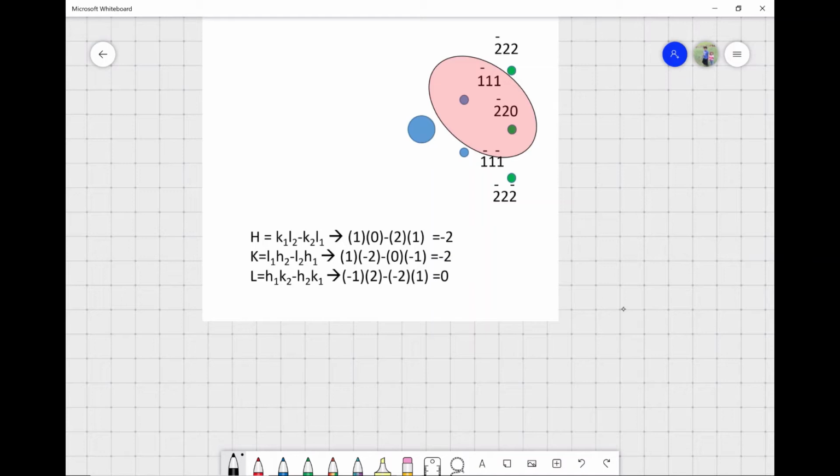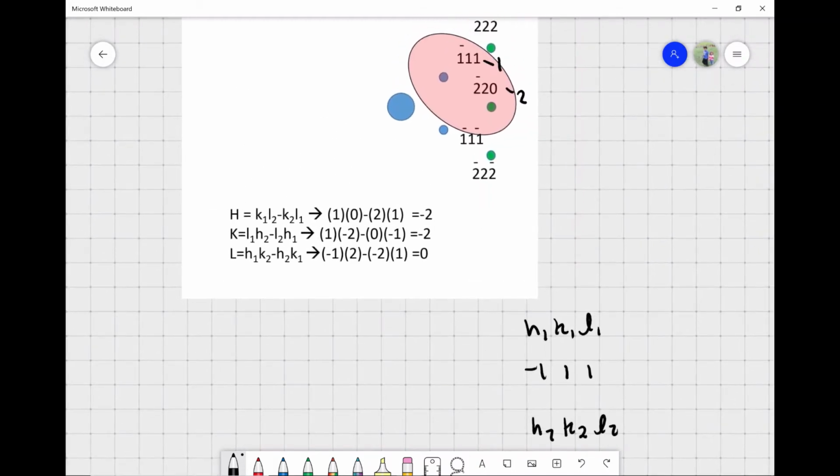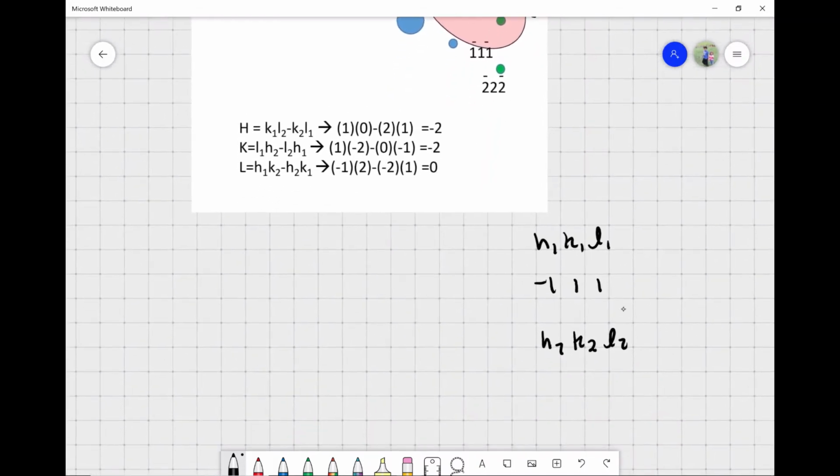In this instance, I said this was 1 and this is 2. So H1, K1, L1 is negative 1, 1, 1, and H2, K2, L2, and by this I said negative 2, 2, 0.